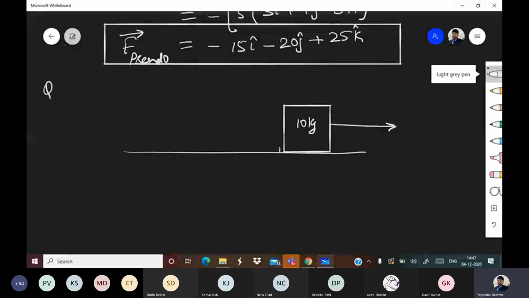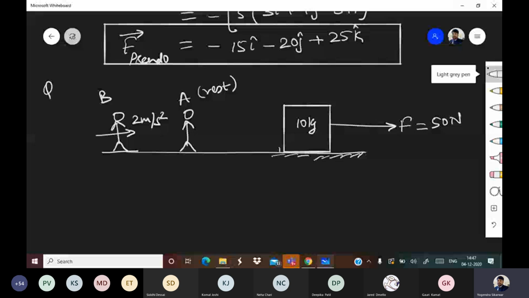Another person is B and that person is moving with 2 meters per second square. Okay. So what we need to do is find acceleration of block.